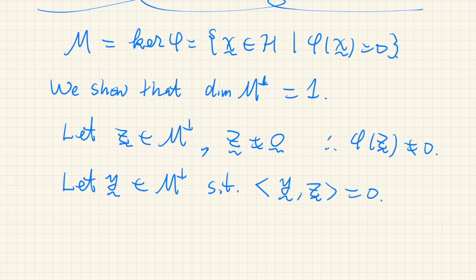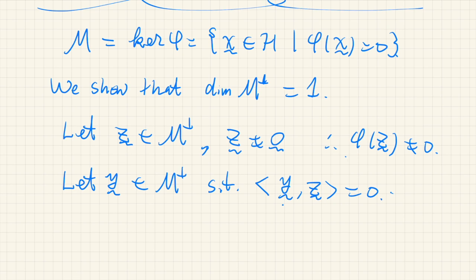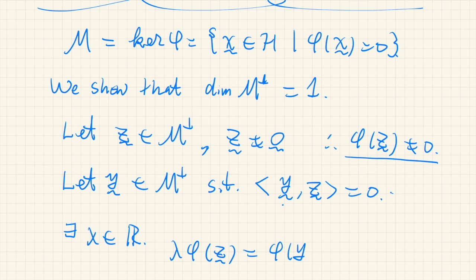So Y should be orthogonal to Z. And our goal here is to prove that this Y should be necessarily the 0 vector. Okay, then since phi of Z is non-zero, there exists some real number lambda such that lambda phi of Z is equal to phi of Y.